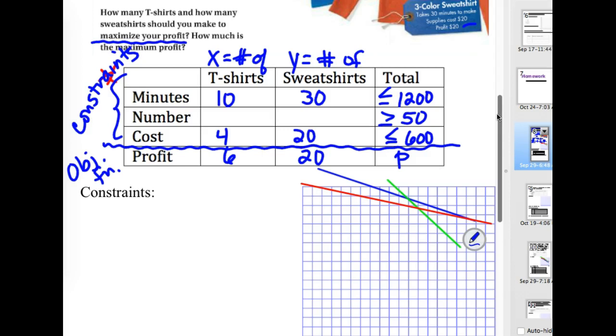So for the first one, in terms of the time constraint, every X that we make is going to take me 10 minutes. Every Y that I make is going to take me 30 minutes, right? So basically what you're doing is every column here, these are all my X's, these are all my Y's.